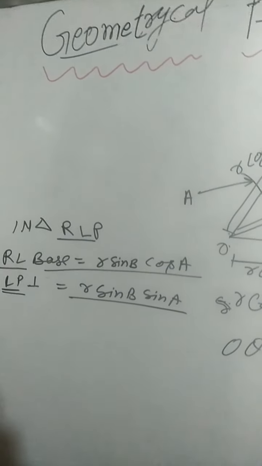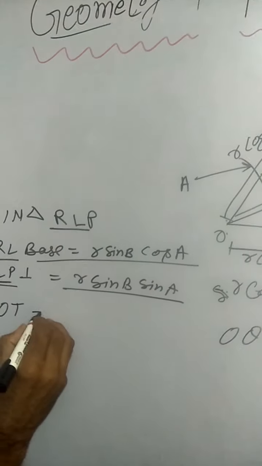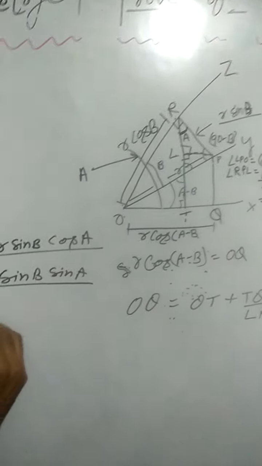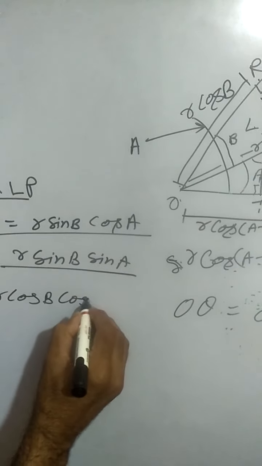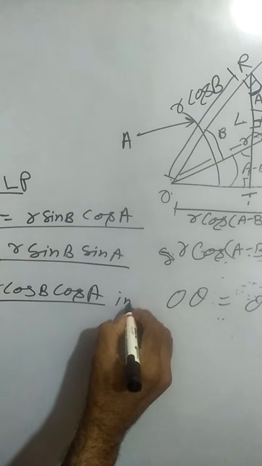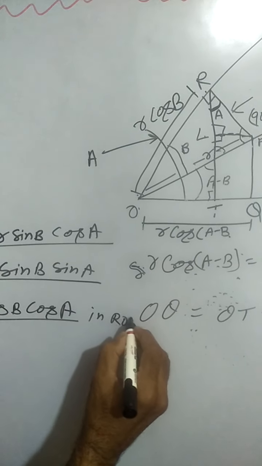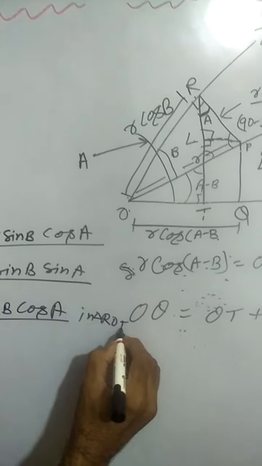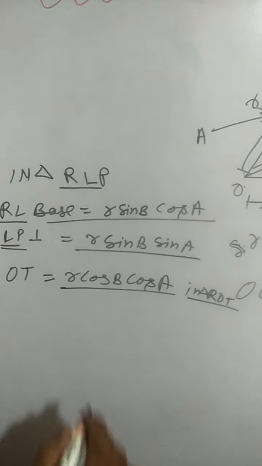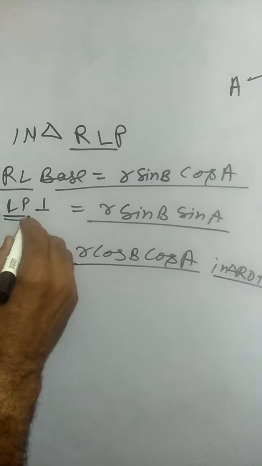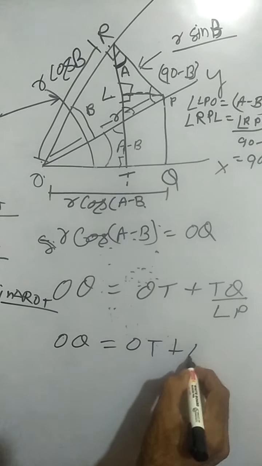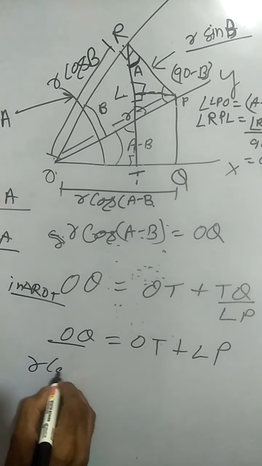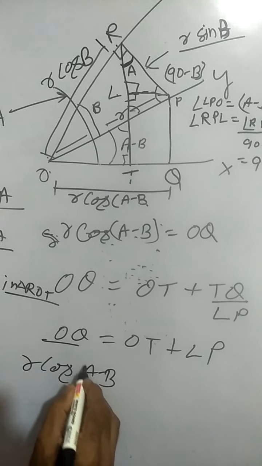We need only LP and OT. OT is equal to R cos B cos A in triangle ROT. Now putting the values of OT and LP, OQ is equal to OT plus LP. OQ is equal to R cos(A minus B).